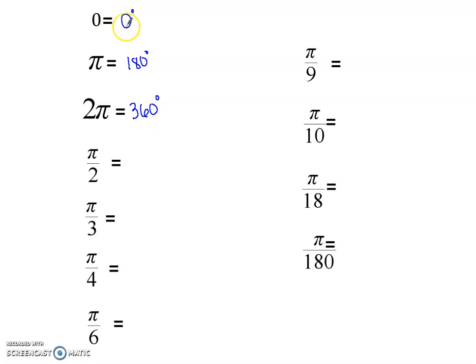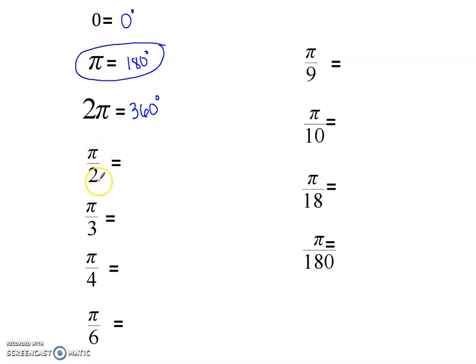Make sure when you're dealing with degrees, you need to write the degree symbol. When you're dealing with radians, there's not a symbol for radians. It's just unitless. So this measurement right here, pi being equal to 180 degrees, is what we use to convert a lot of the time from radians to degrees. So when you see pi, you should be thinking 180 degrees.